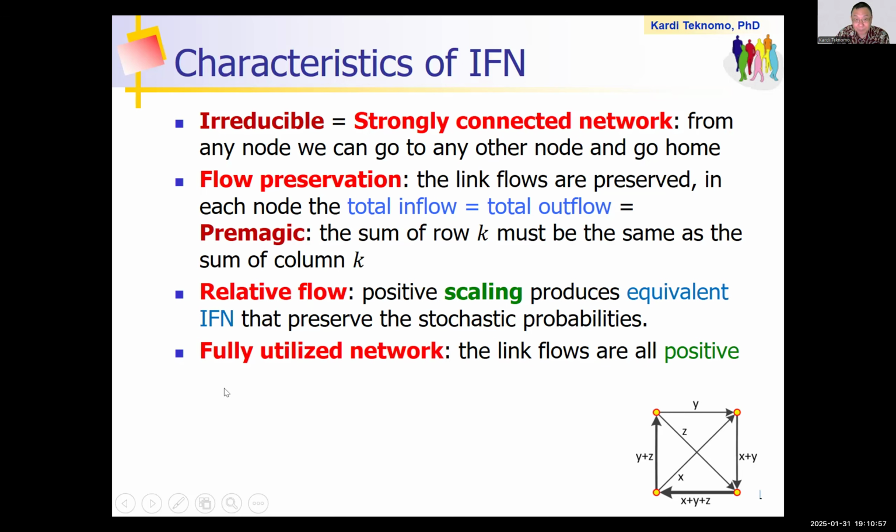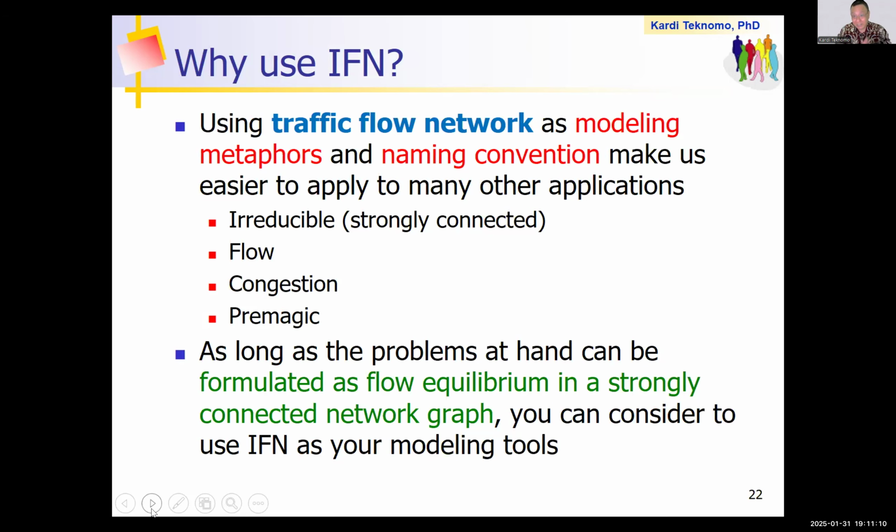Okay. So initially, I developed this for transportation networks. Okay. But right now, we can use this for any other application. Okay. So that's why IFN jargon mostly still uses traffic flow network as a modeling metaphor and naming convention only.